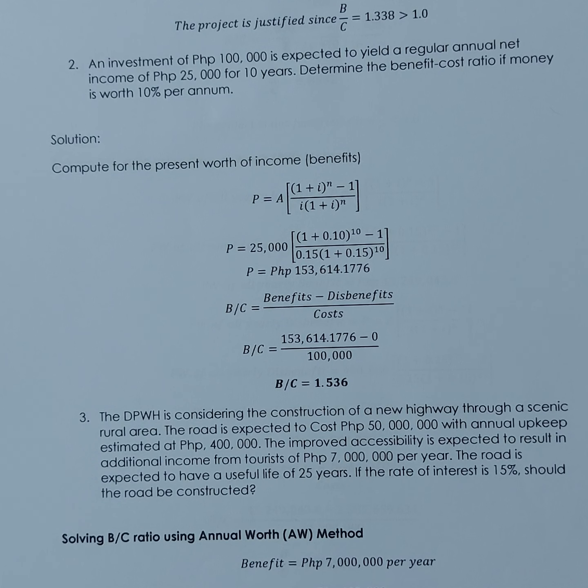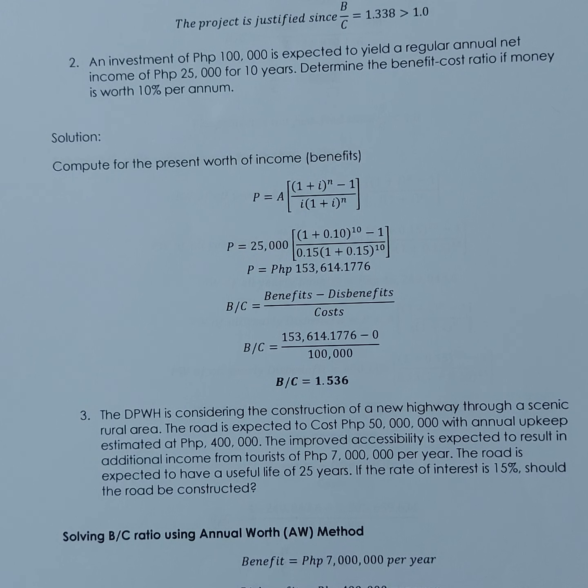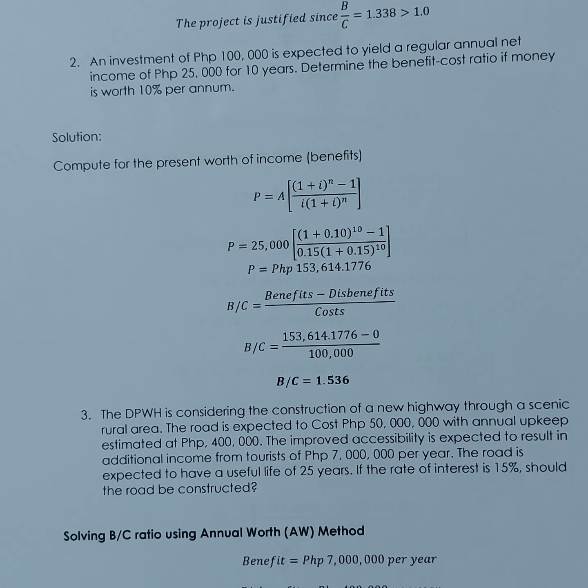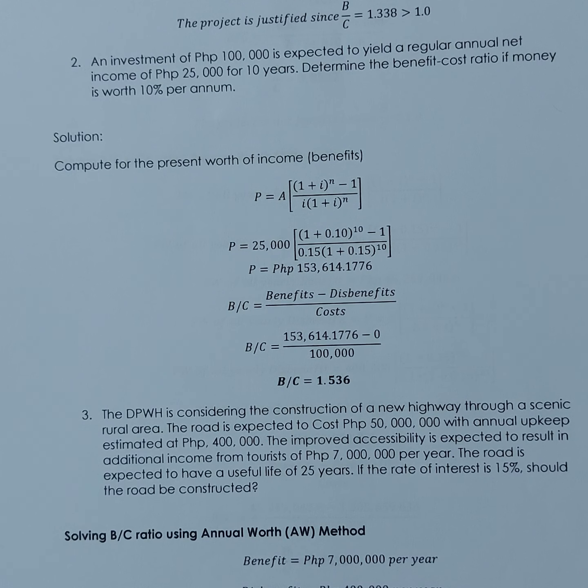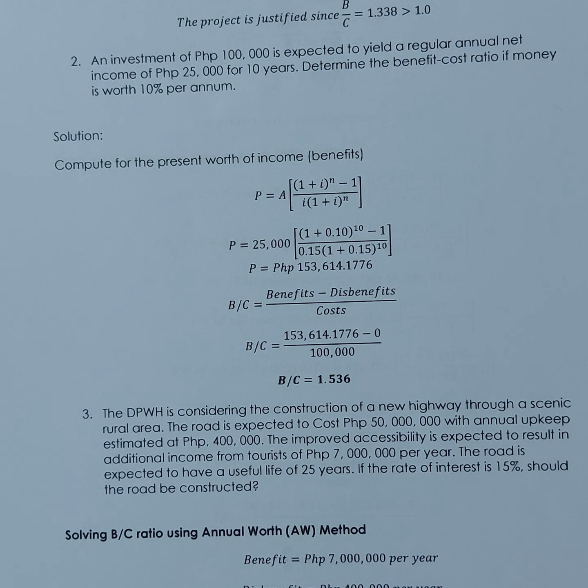An investment of 100,000 pesos is expected to yield a regular annual net income of 25,000 for 10 years. Determine the benefit cost ratio if money is worth 10,000 per annum. So yung rate of interest natin is 10,000 per year.